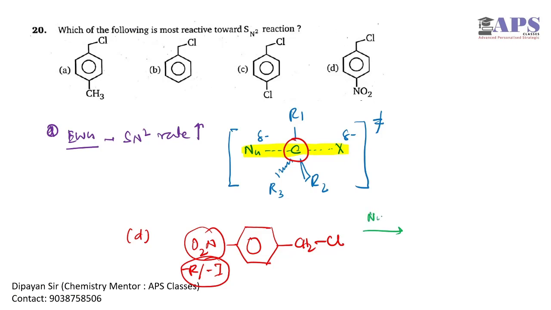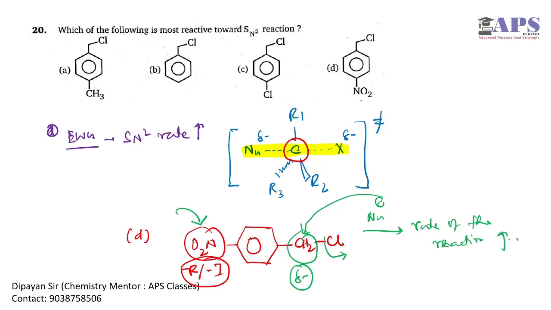During the SN2 reaction, the delta negative or electron density will be stabilized by this NO2 group, and the rate of the reaction will increase. So the most reactive toward SN2 reaction will be option number D.